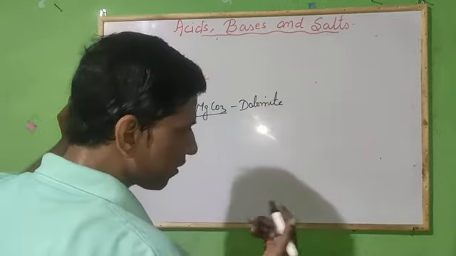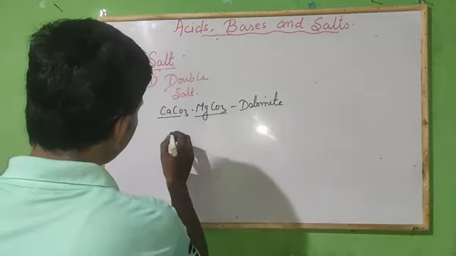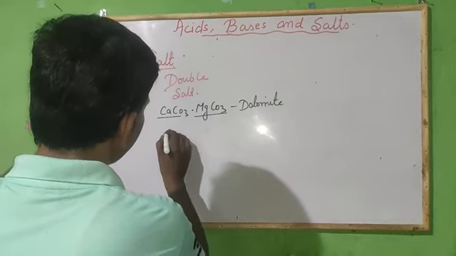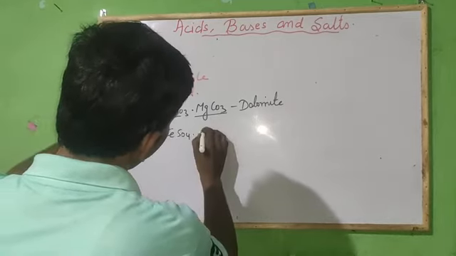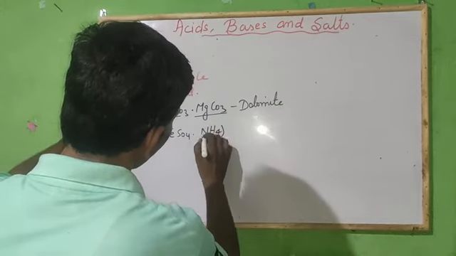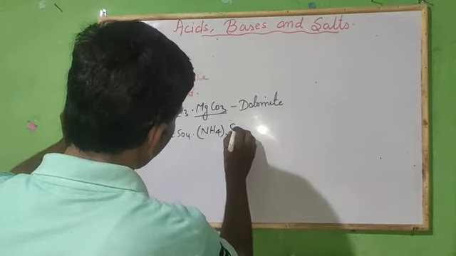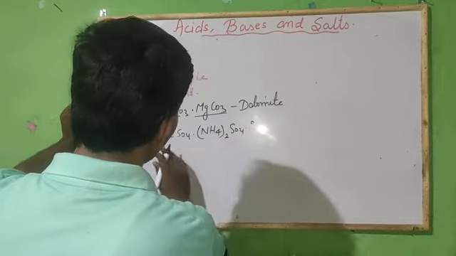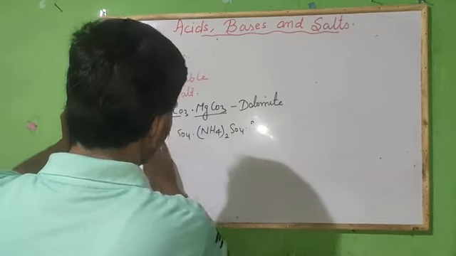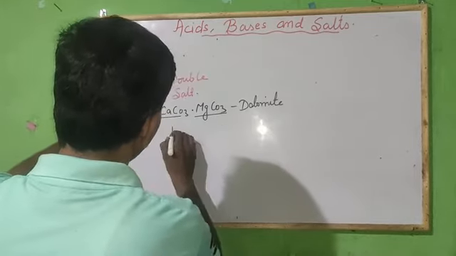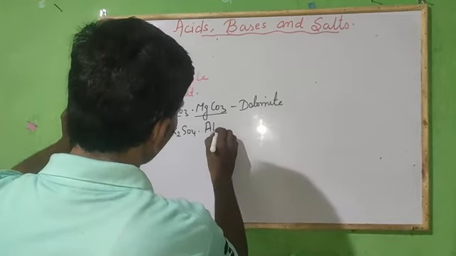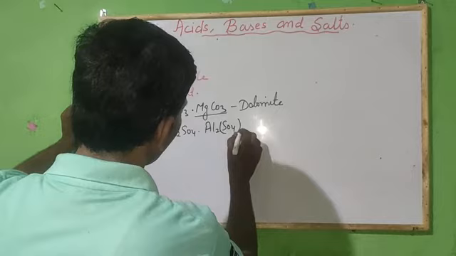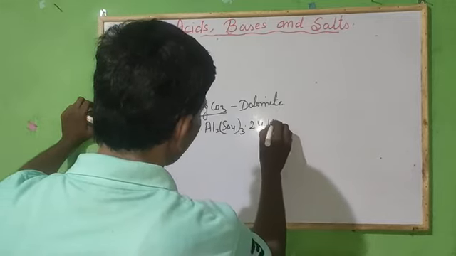You can take so many examples. Suppose you are taking K2SO4.Al2(SO4)3.24H2O.